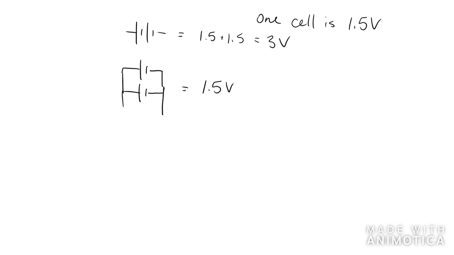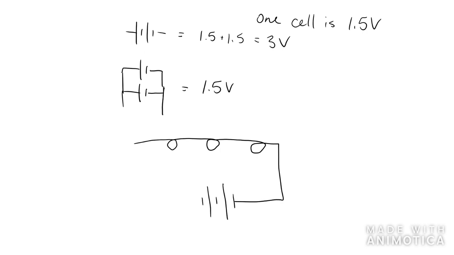The super important thing about parallel, and why most of your house and most of what you use is set up in parallel, is this. If we had a circuit that had 3 light bulbs, let's say, can't forget our cells. Okay, so I have 3 light bulbs.